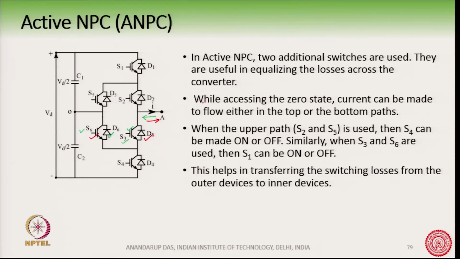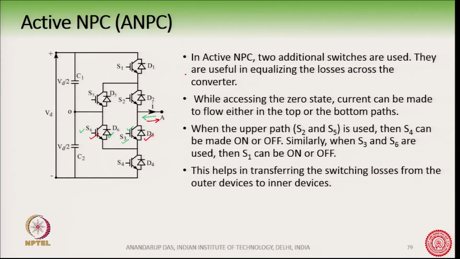Another thing that is done here is that when the upper path is being used, this lower switch S4 can be made on or off. Similarly, when these two switches are turned on, S1 can be made on or off.